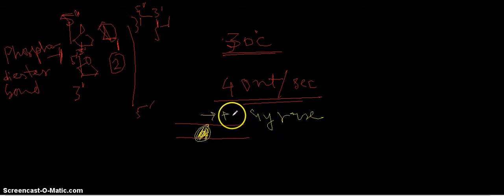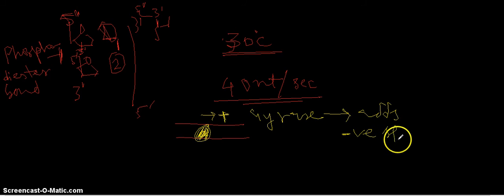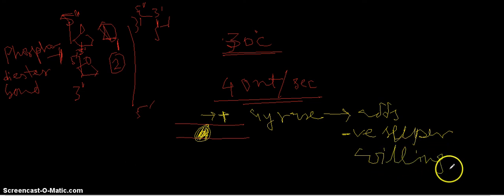When this positive supercoiling is increasing, what the gyrase does is add negative supercoiling to remove this positive supercoiling from the DNA, so that this RNA polymerase can move in this direction.